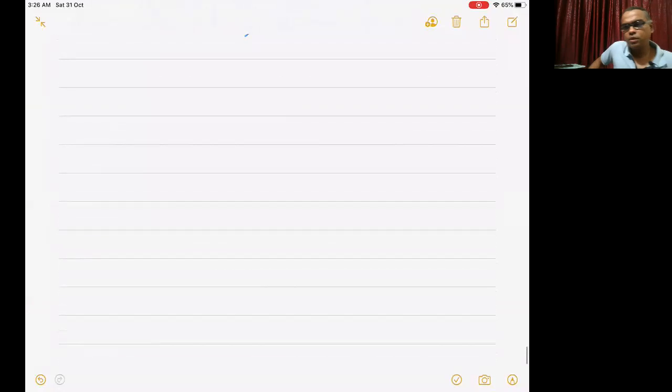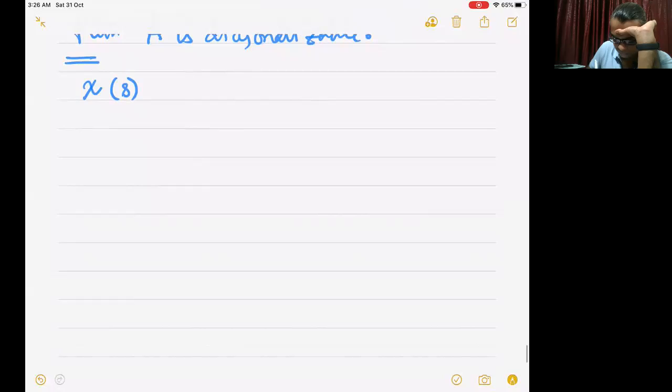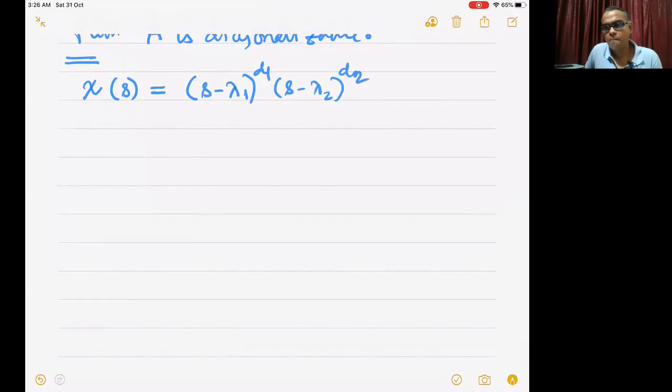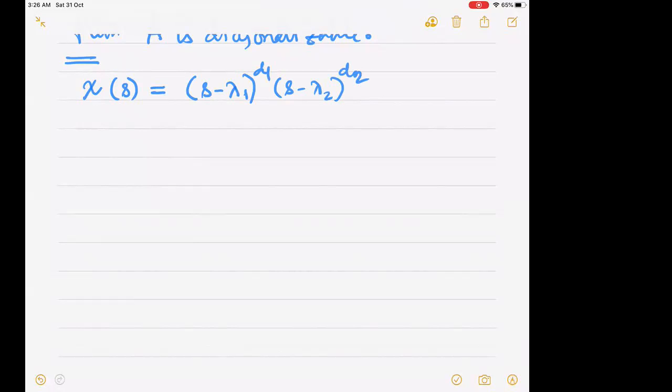So we have started looking into this idea called geometric and algebraic multiplicities. If we have characteristic polynomial chi(s), and suppose that chi(s) factorizes as (s minus lambda 1) to the power d1, up to (s minus lambda k) to the power dk.